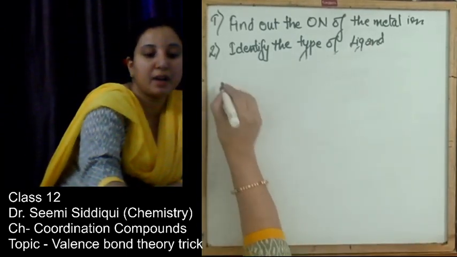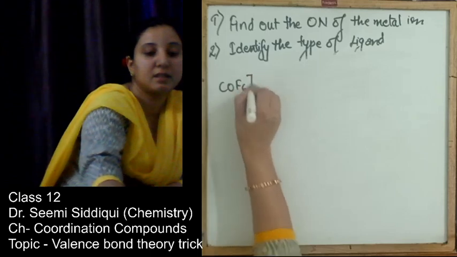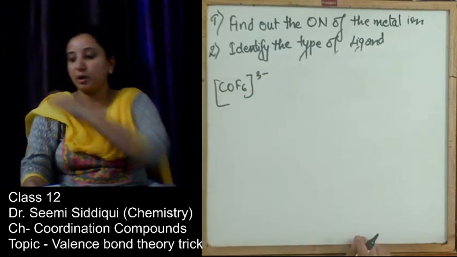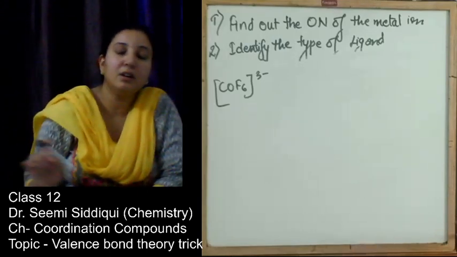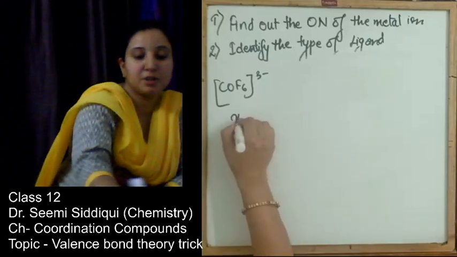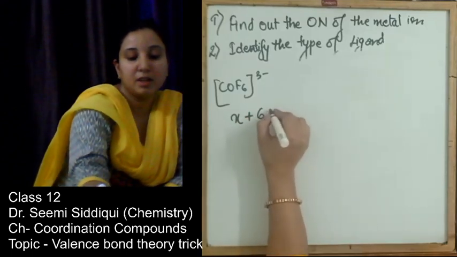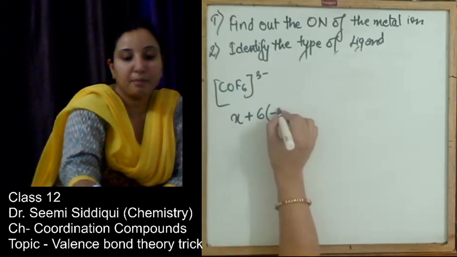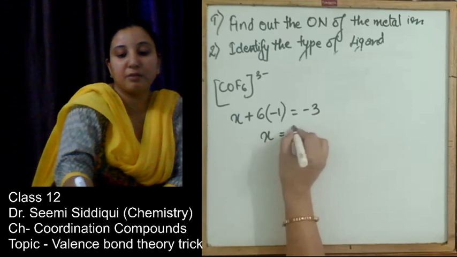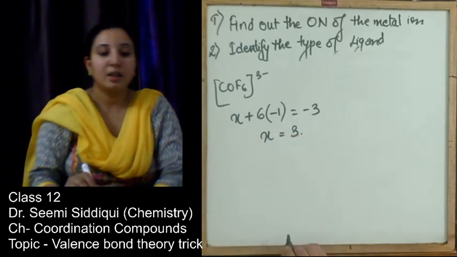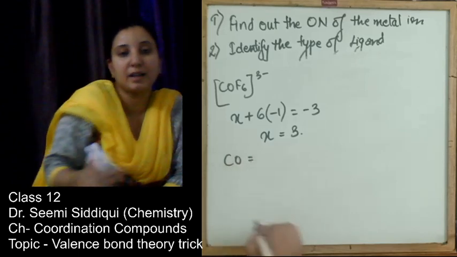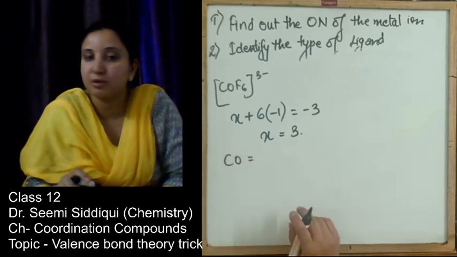Suppose we have CoF6 3 minus. First, you take out the oxidation number of cobalt. It will be x plus 6 times minus 1, which is minus 6, equal to minus 3. So the x value will come to 3. Second, write down the electronic configuration of cobalt.